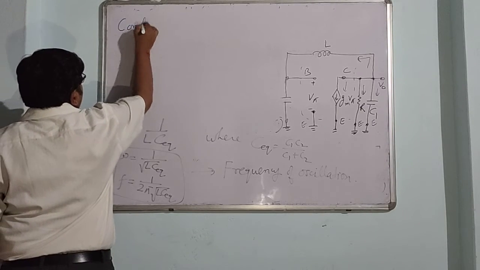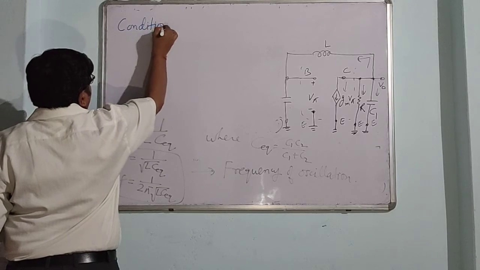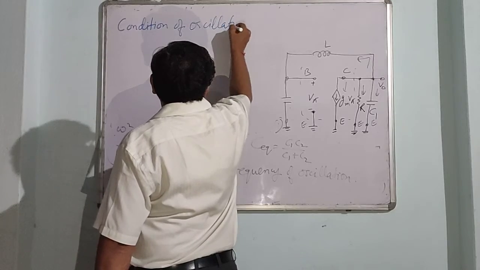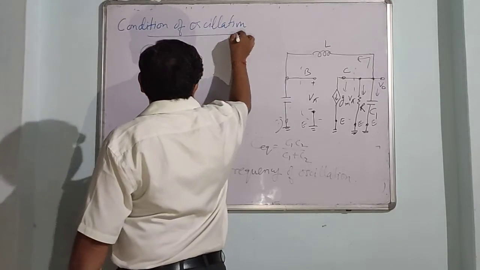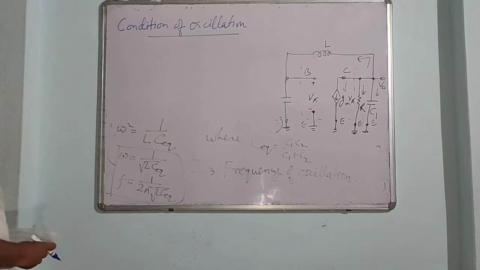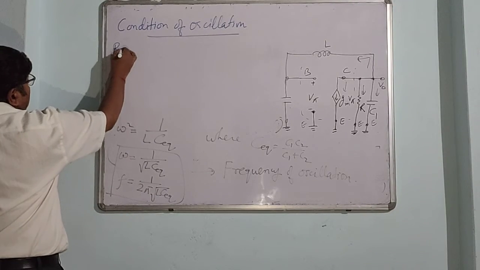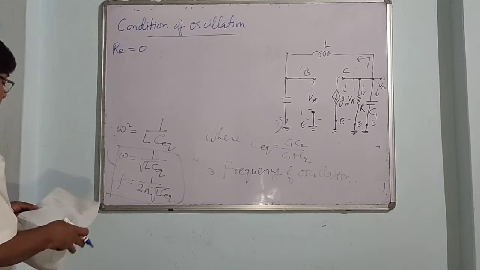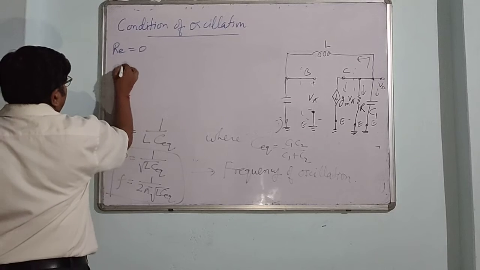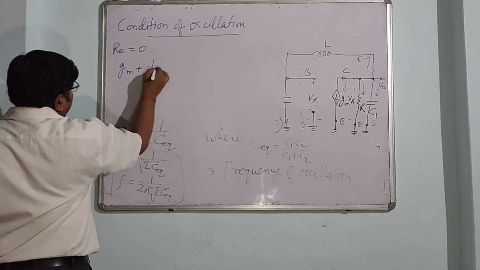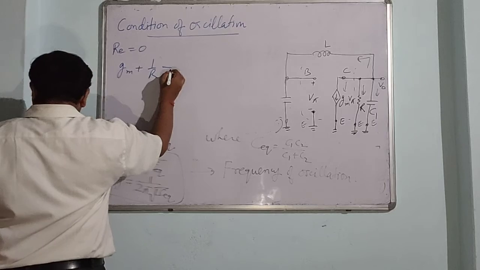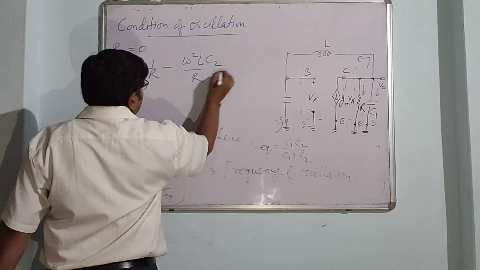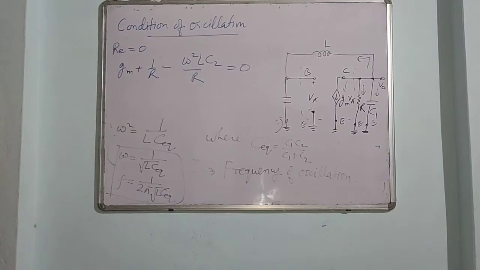Condition of oscillation. Putting the real part equal to 0, the real part is this one. We have three terms in the real part: Gm plus 1 upon R minus omega square Lc2 upon R. This must be 0.